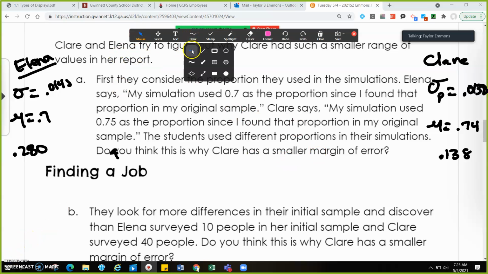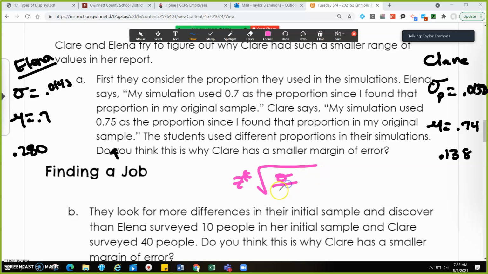In order to find the margin of error, remember we take our critical value and multiply by sigma divided by the square root of n. So then we also have to think about the standard deviation. Claire had a smaller standard deviation, right? Her numbers weren't as spread out, so her numbers were kind of closer together, just a little bit.